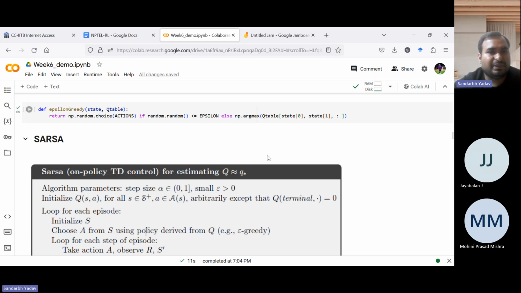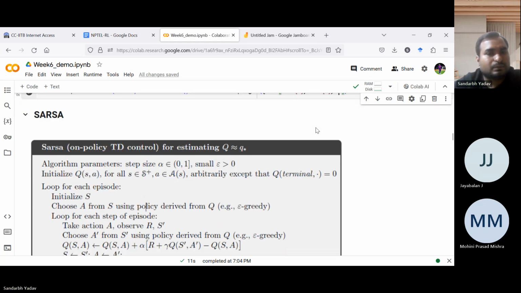Greedy action means whichever action for that state has the highest value, so it is doing this argmax over the action component. The third component is action, and our state has two components: the x coordinate and the y coordinate.